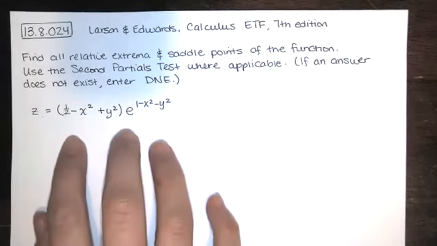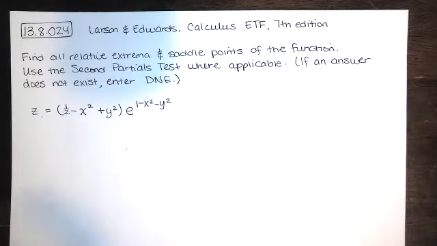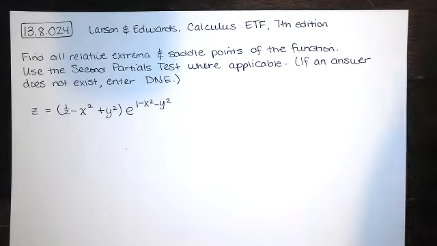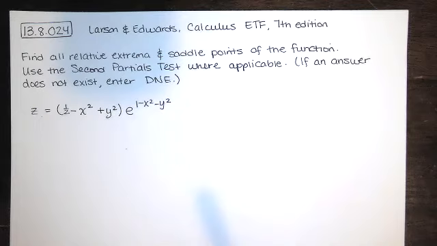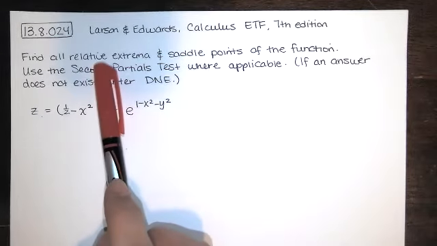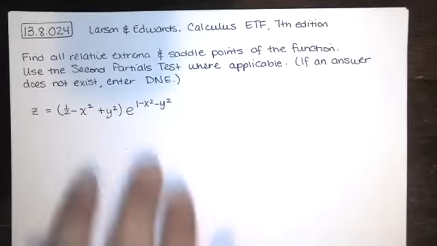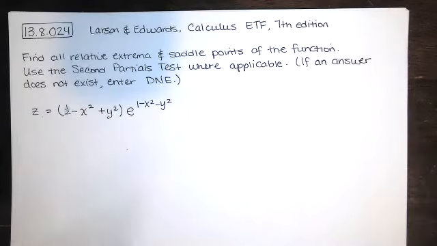Okay, so this is our function, and we want to find all relative extrema and saddle points of the function. I can see why my student asked about this question, and we've got a lot going on here. So we know to find relative extrema or saddle points, the first thing we need to do is find the critical points of the function. And remember, whenever you're finding critical points, you're finding the points where the gradient vector of that function is the 0 vector.